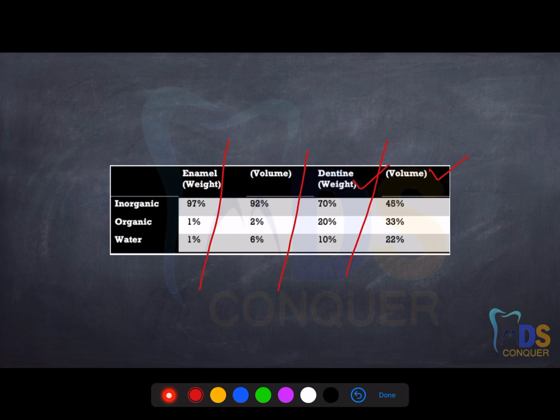Dentin and enamel, I have given the inorganic content, organic content, and the water. If they ask water, you can simply remember enamel weight and volume and dentin weight and volume: it's going to be 1/6 and 10/22. I hope you can manage the inorganic or organic content, which is a well familiar question.